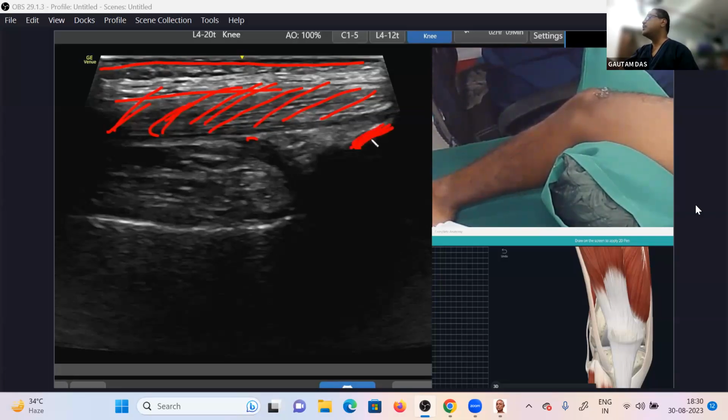What is that bone? This bone is your patella, and this bone is your femur. After that, here we are seeing some hyperechoic structures. This is your suprapatellar fat pad. After that, there is a black area. This is your suprapatellar synovial recess.